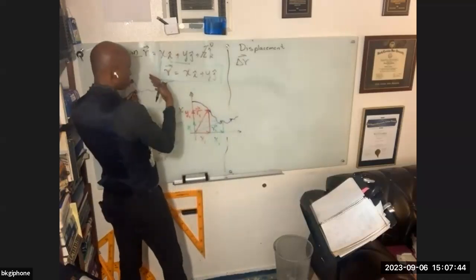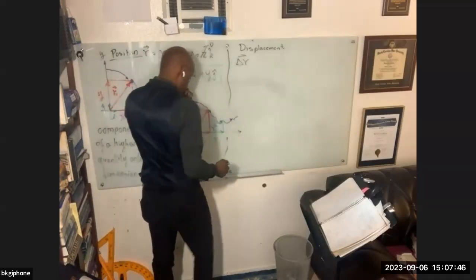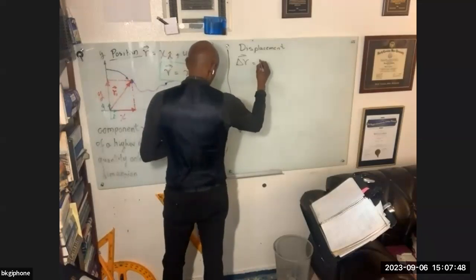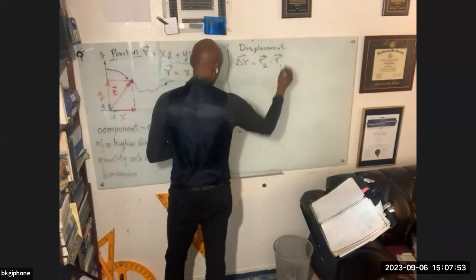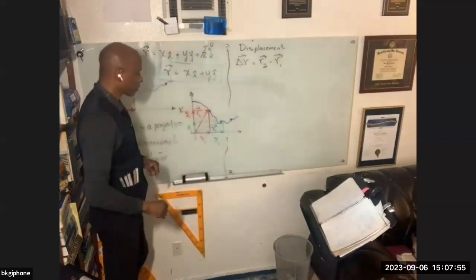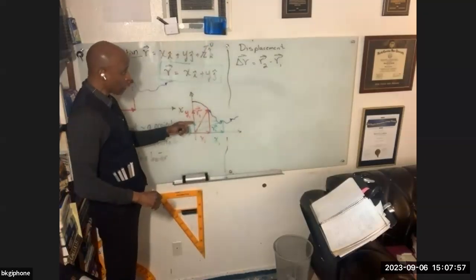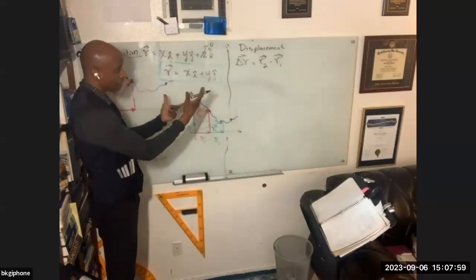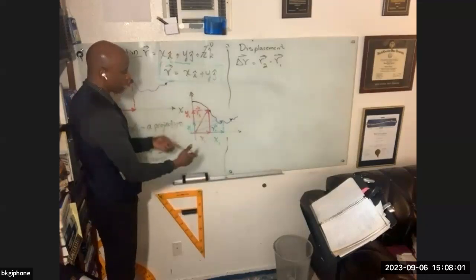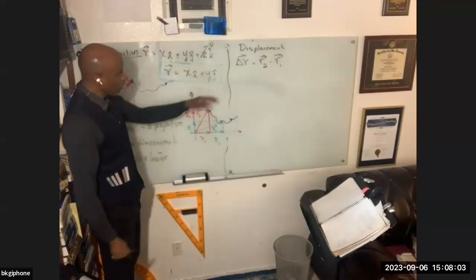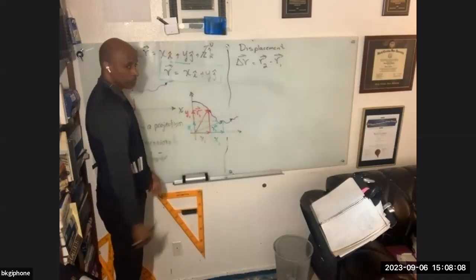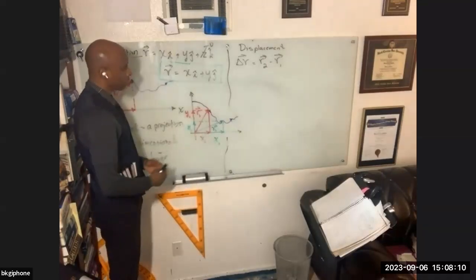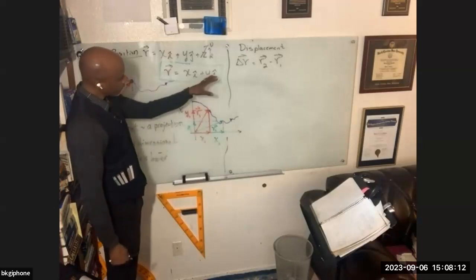Whereas R represents position, delta R represents displacement, and delta R is defined as the R2 vector minus the R1 vector. I haven't actually shown the displacement here. I want to calculate it quantitatively first, then come back and show how delta R relates graphically to R1 and R2, and how the components relate.